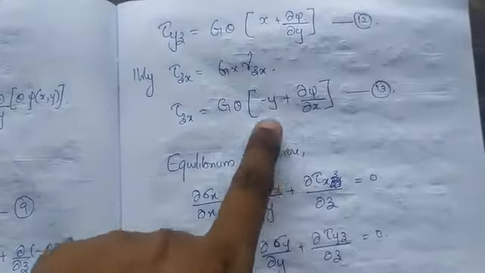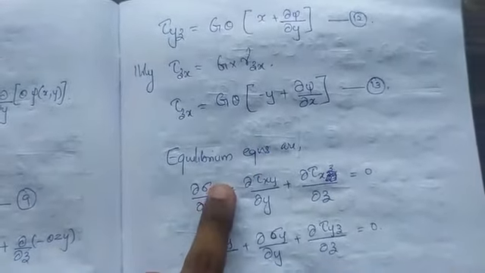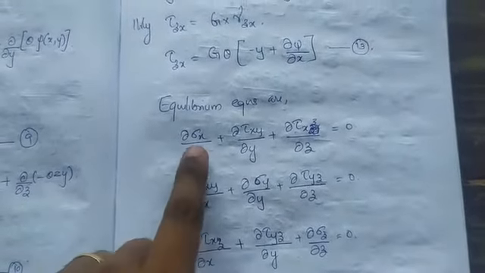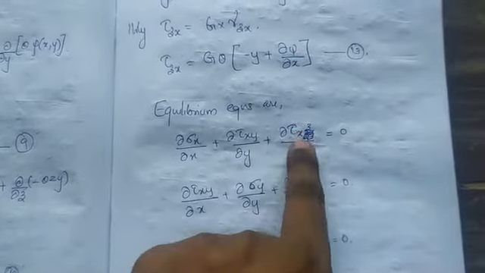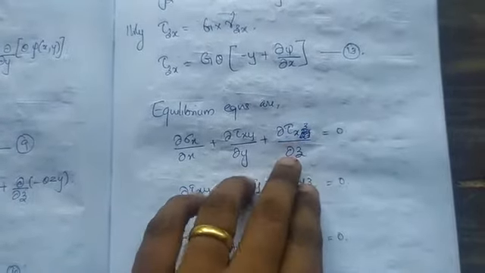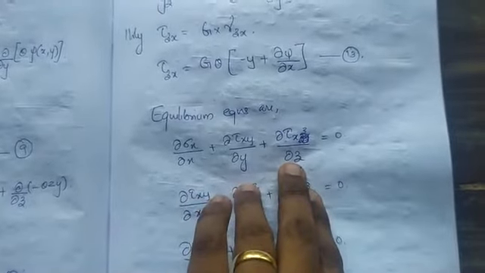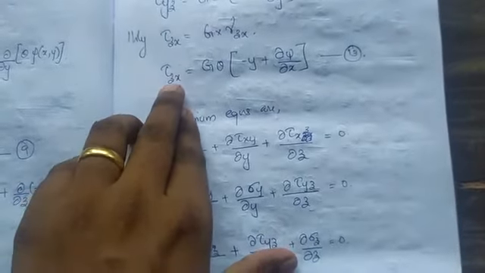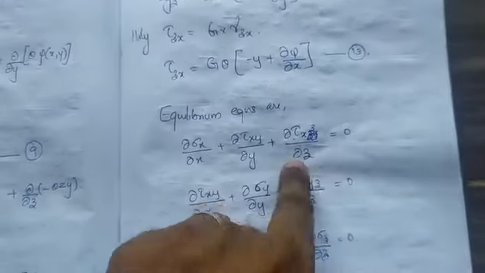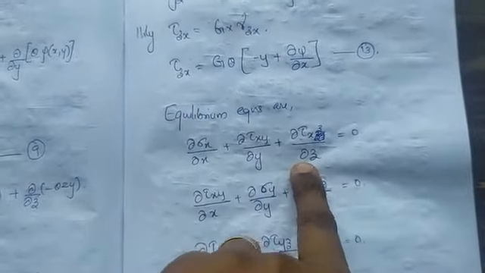Okay, now applying these values in the equilibrium equations, sigma x is 0, tau xy is 0, tau zx is 0. So this term, dou tau xz by dou z, there is no term here relating to z, so that's also 0.